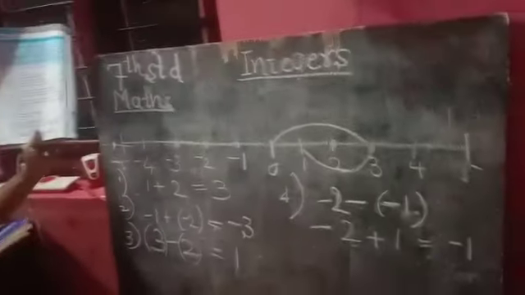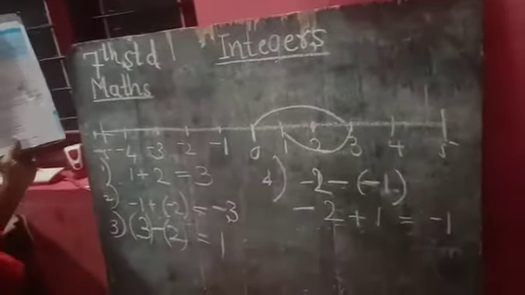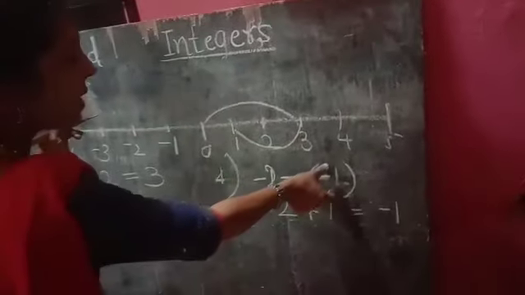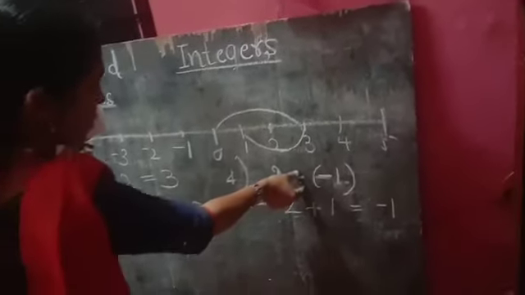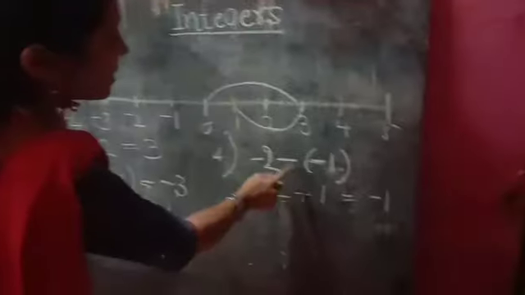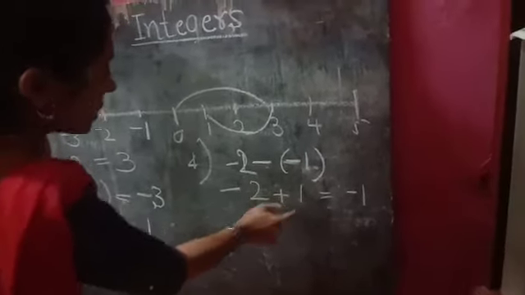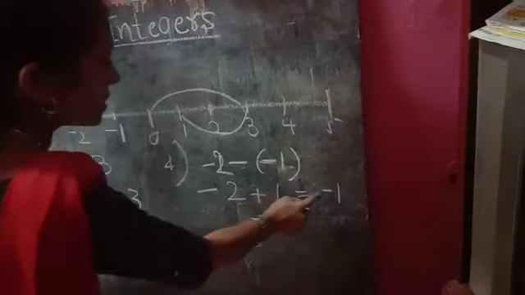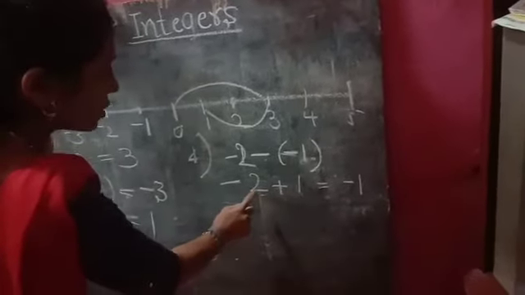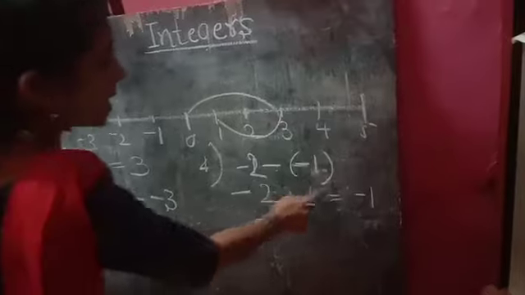Next, last statement is subtract a negative integer. So minus 2 and minus 1 both are negative integers, and I am subtracting that integer. Minus 2, minus into minus becomes plus 1, and here minus into plus is minus. So 2 minus 1, we have to subtract this 1 from the 2. Answer is 1.